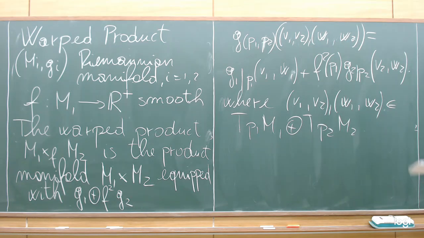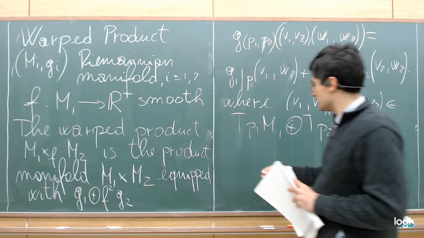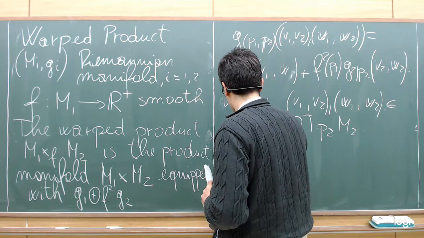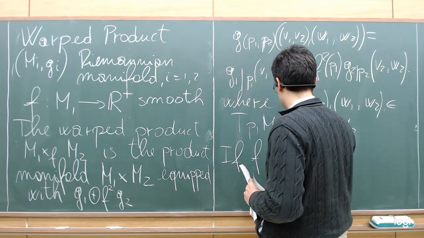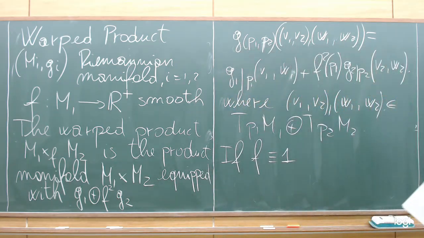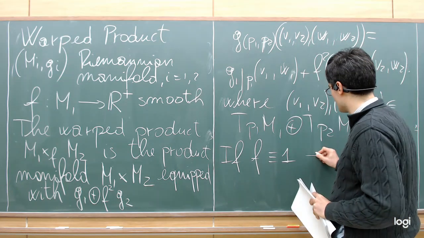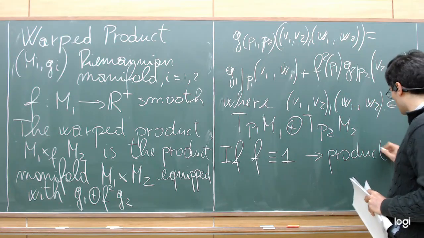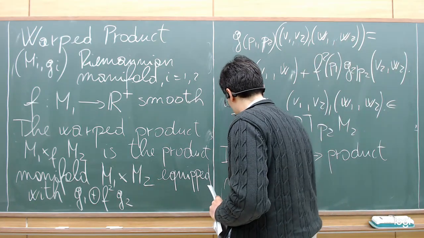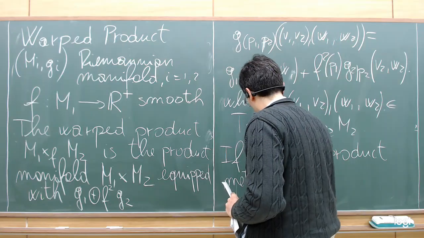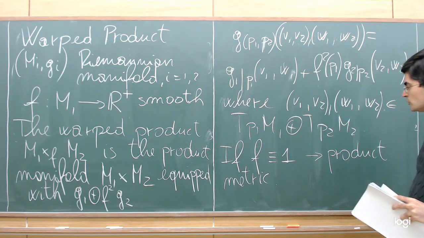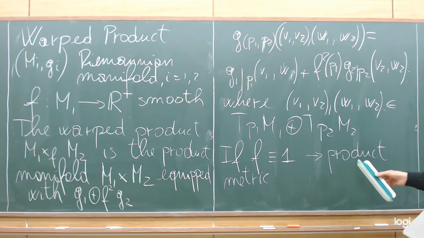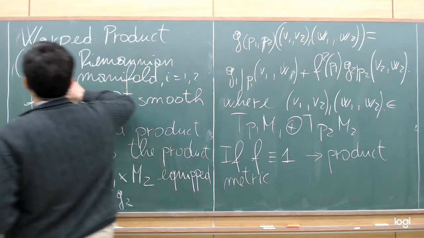Clearly, if f is the function which is identically equal to 1, you get the product metric. So the product metric is a special case of a warped product metric.